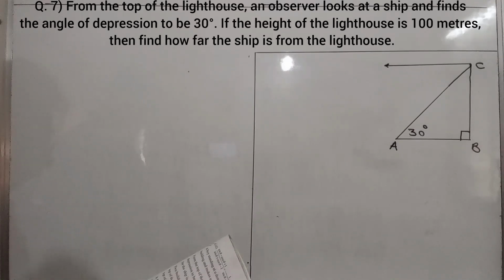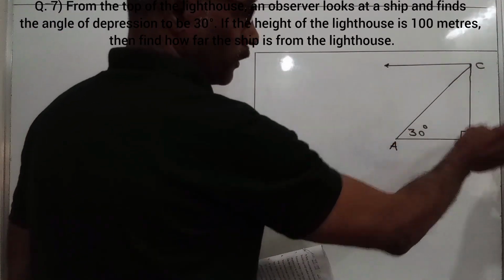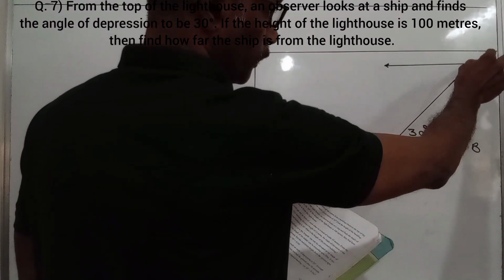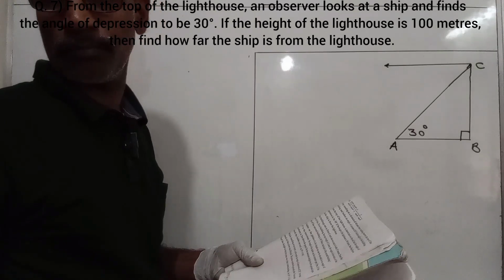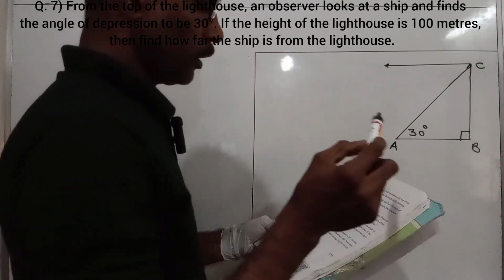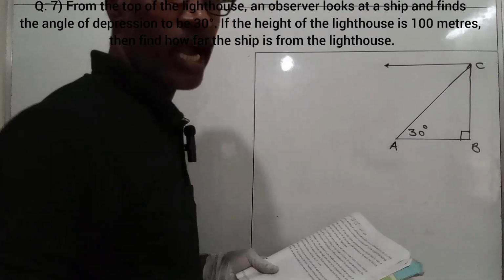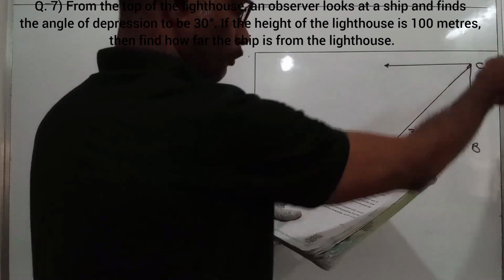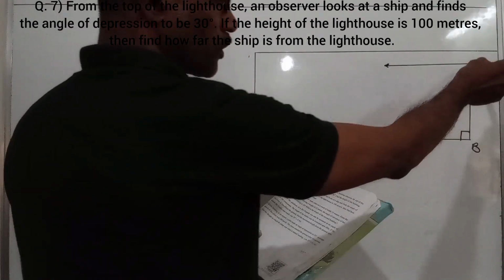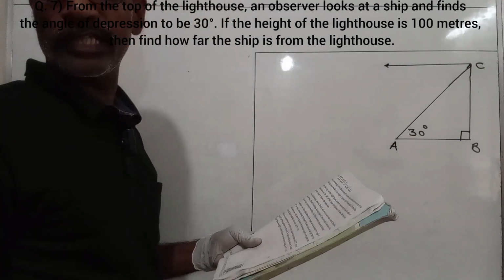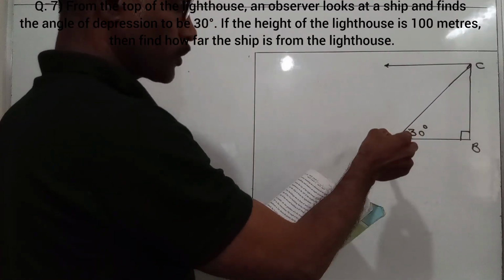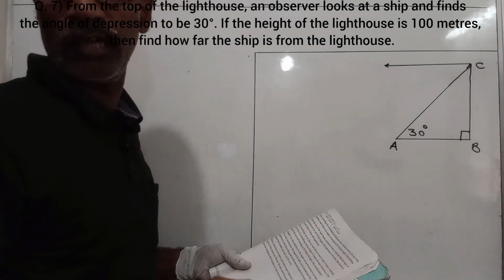Here BC is our lighthouse and the observer is at C. The ship is at A.